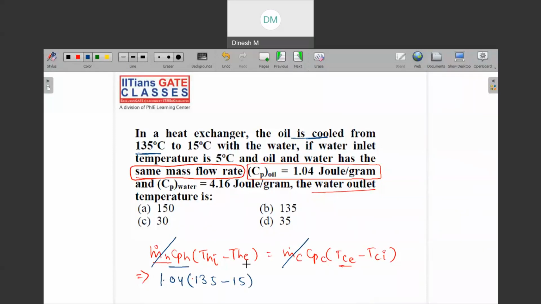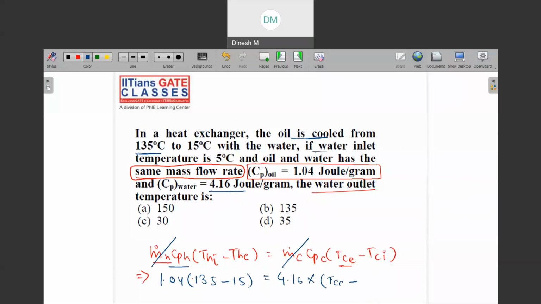So hot fluid outlet is 15 and this is equal to mCPC. What is the CP of water? This is given as 4.1. The mass flow rate is unknown here, and what is TCI? TCI is given, that if water temperature is 5 degrees, right?